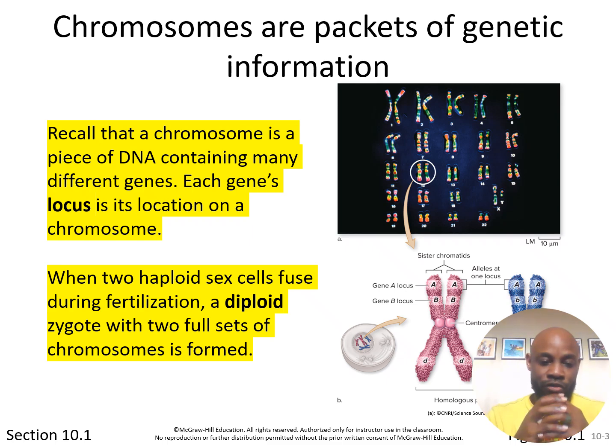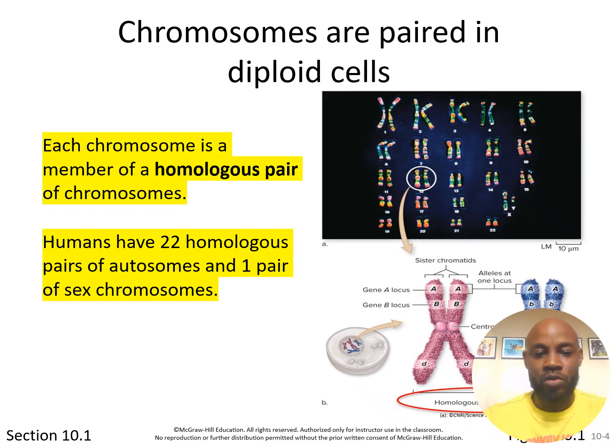A zygote is a fertilized egg that has a full set of chromosomes. Each chromosome is part of a homologous pair. Humans have 22 homologous pairs of autosomes and one pair of sex chromosomes, a total of 23 pairs, which equals 46 chromosomes.